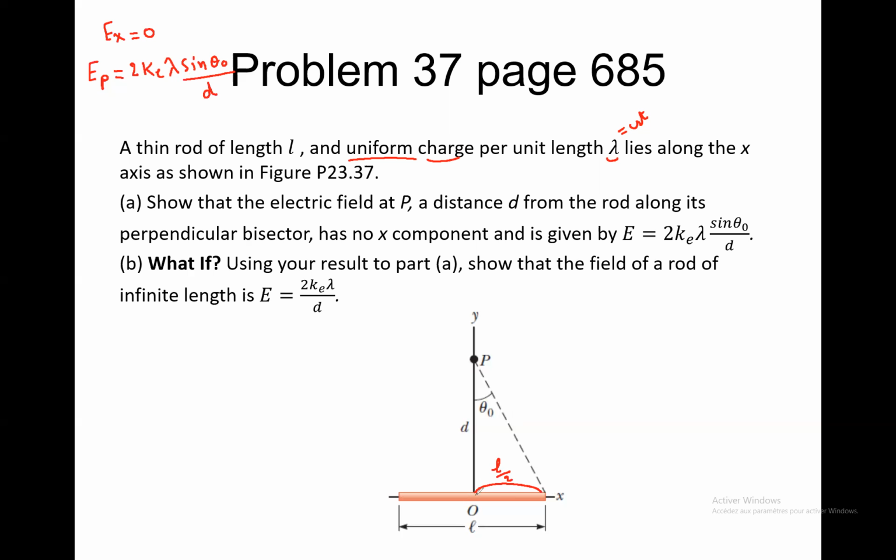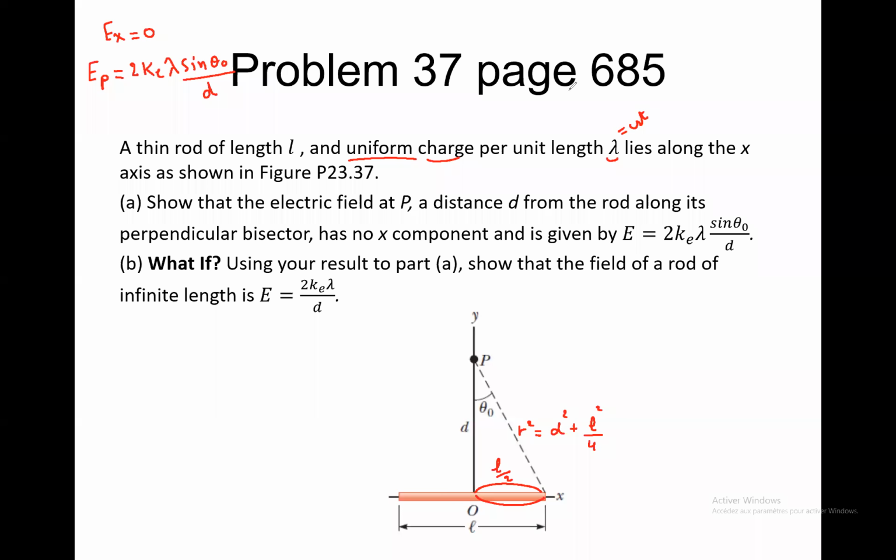Here we have L, and here we have L over 2. And if you say here R, for example, R squared equals D squared plus L squared divided by 4. Okay.